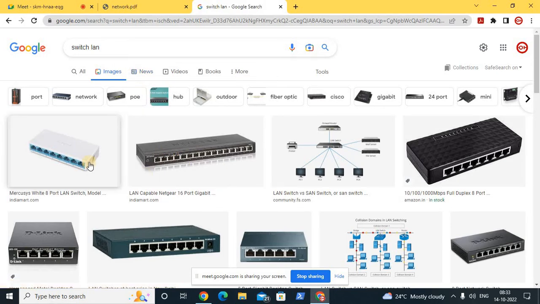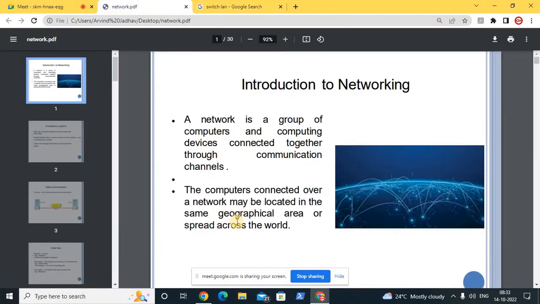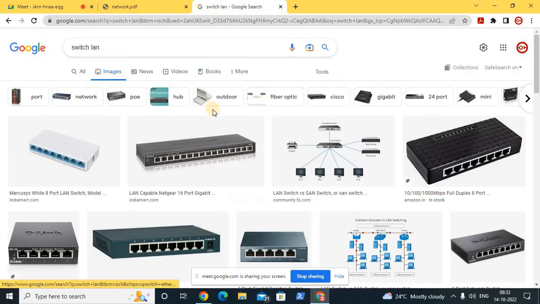This one is an 8 port switch, this one is a 16 port, some are 24, some are 4. So how do we connect with it? Here I used the words same geographical area. For example, I have about 10 PCs and want to create a network. What should I do? I will use a switch and insert the RJ45 cable into all the devices, and the devices will be connected to this switch.